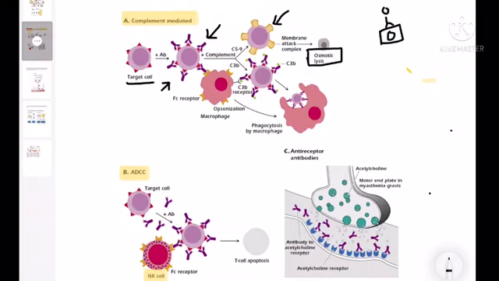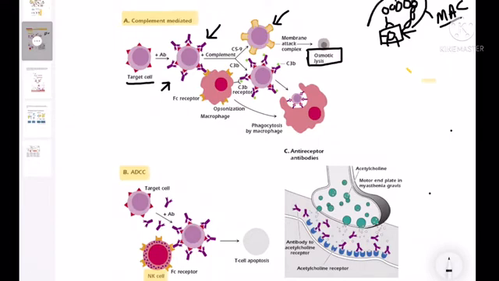We have complement C1, 4, 3, 2, 5, 6, 7, 8 and 9. So 5, 6, 7, 8, 9 are the membrane attack complex that attacks the membrane and makes the membrane porous, water will go inside and there will be lysis of the cell.